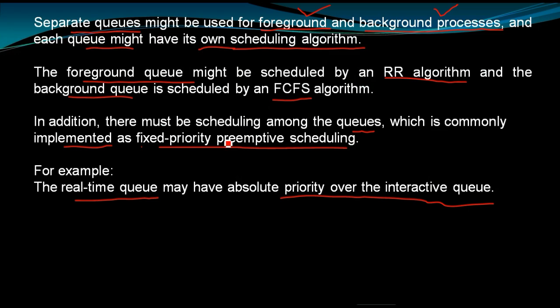In addition, there must be scheduling among the queues. So we are preparing four queues with scheduling among them, commonly implemented as fixed priority preemptive scheduling.